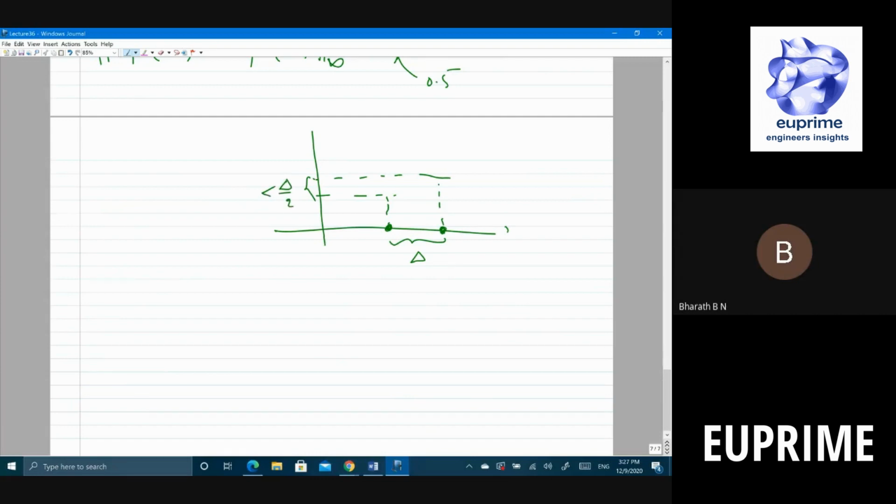So a significant change in the x-axis results in a smaller change in the y-axis. That's what Lipschitz continuity is all about. Any questions so far?